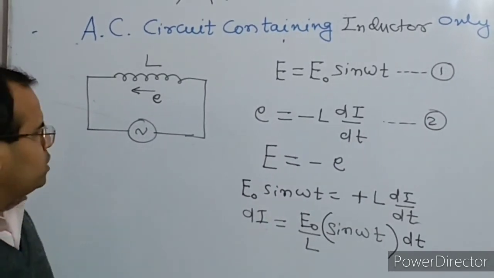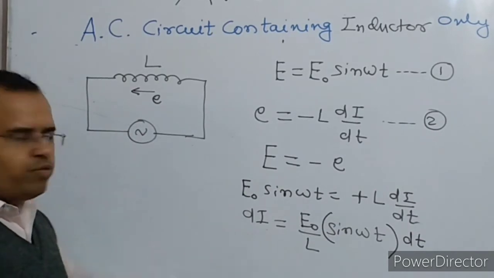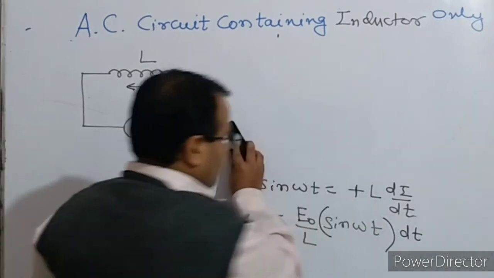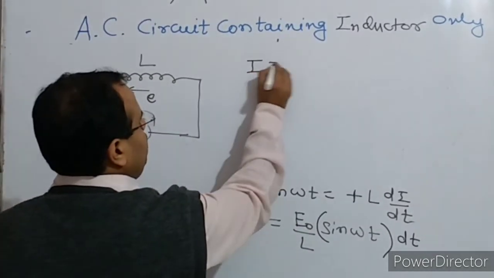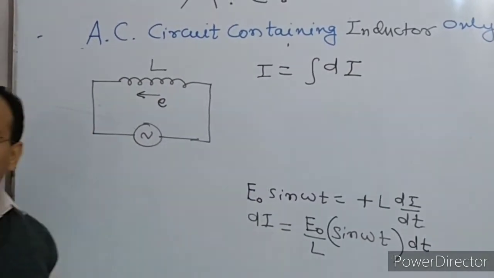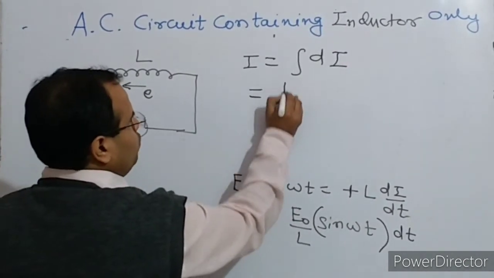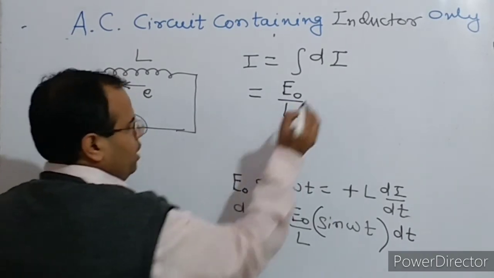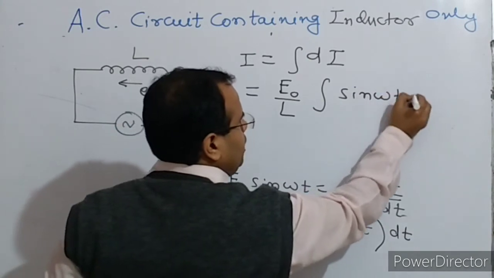Now here we have to find the total current. We write total current capital I equals integration of di. Substituting, we get E naught by L, which is constant, times integration of sine omega t dt.